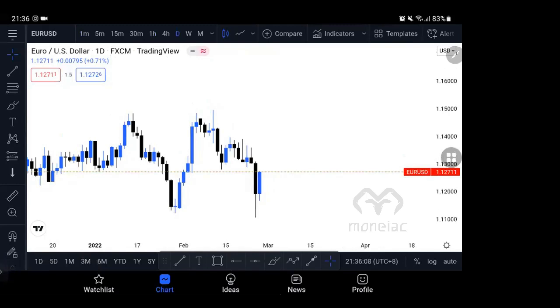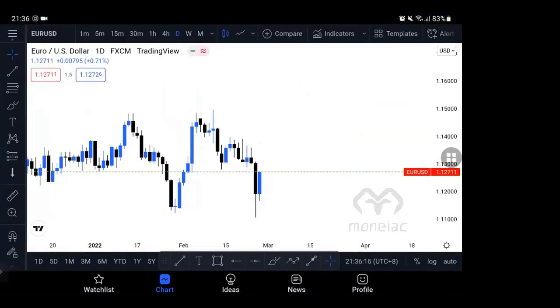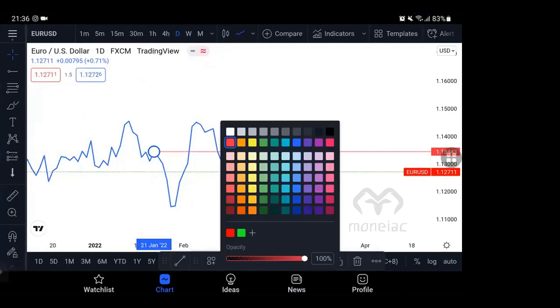If you guys have a problem marking using candlesticks, you can switch to this line chart. Maybe some of you are not really good at marking using candlesticks. You can use this. It's just the same thing, no problem at all.